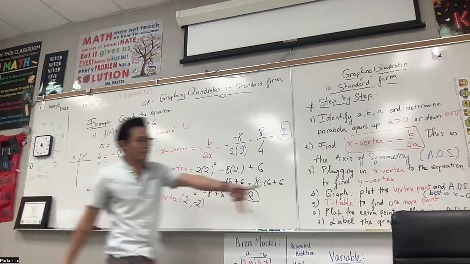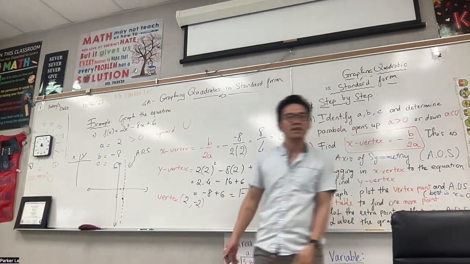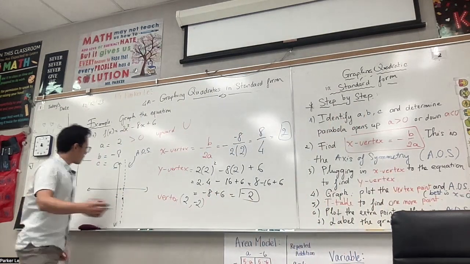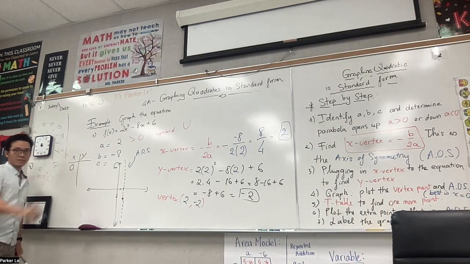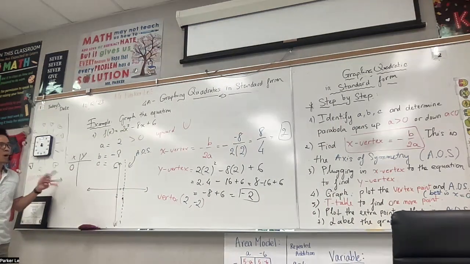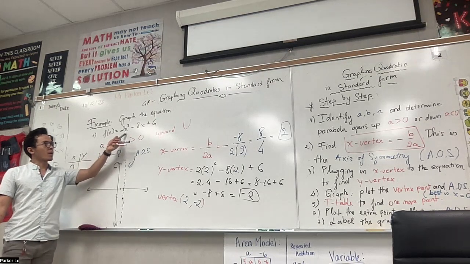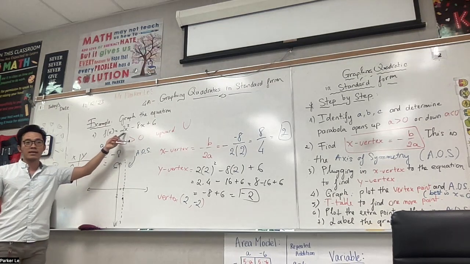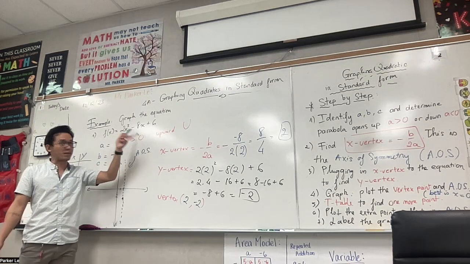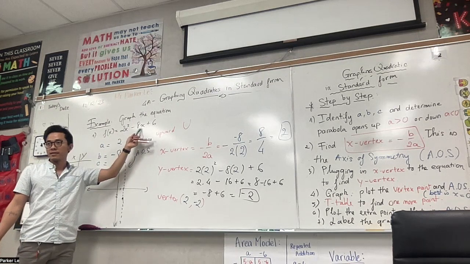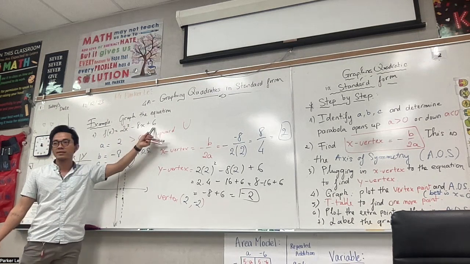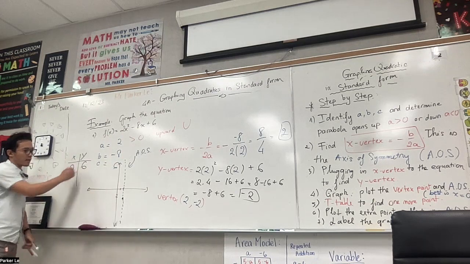x equal to 0. Why is it a good one? When x is 0, this term is gone and this term is gone as well. So what do we have? 6. You don't need to calculate anything.